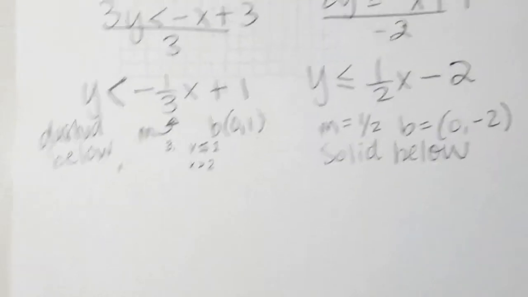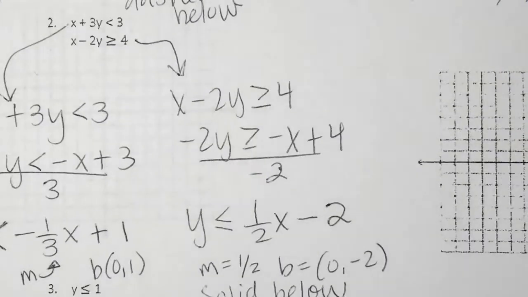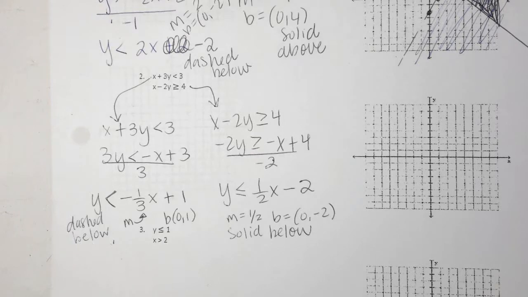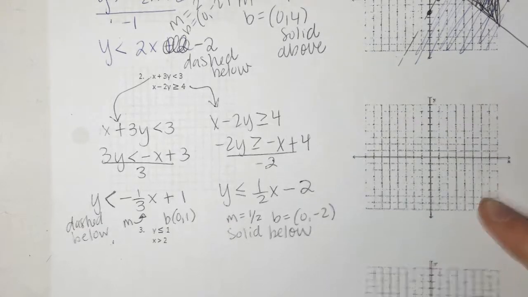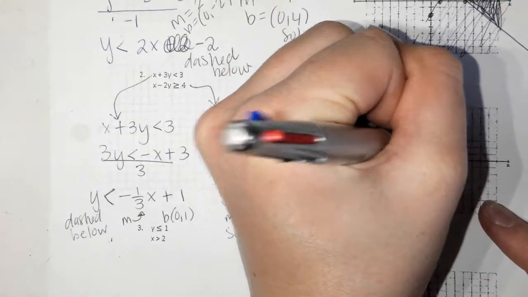Alright, somebody come graph this first line for me. You want to do it, Sid? I thought I saw your hand up. Just graph this line up here. And then can somebody graph the second line after Sydney? Alright. What about Simon?